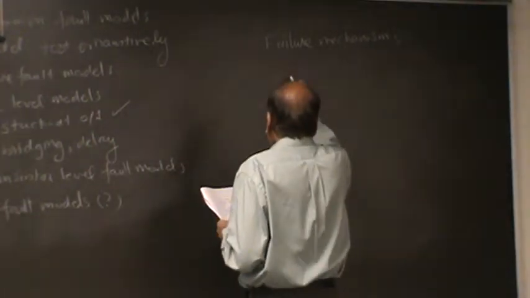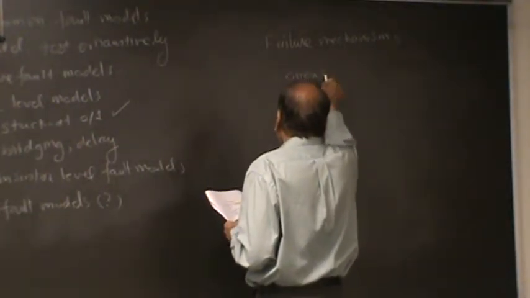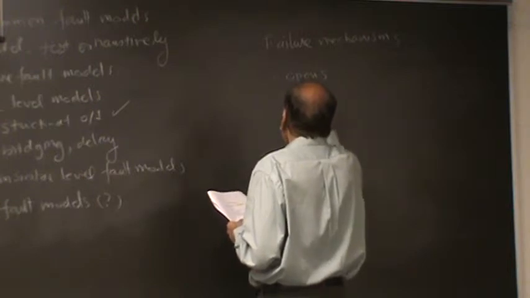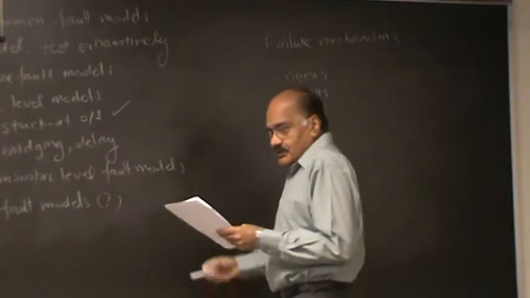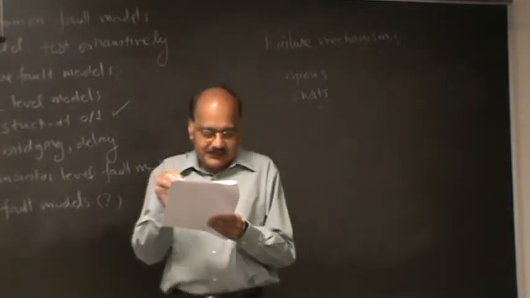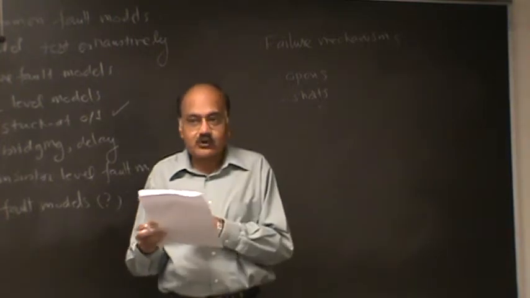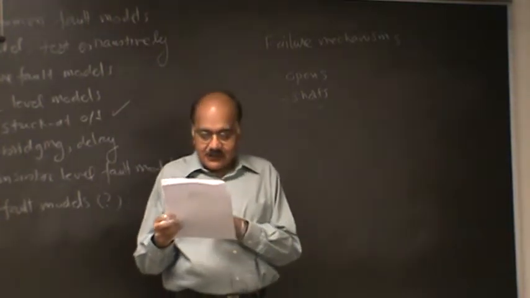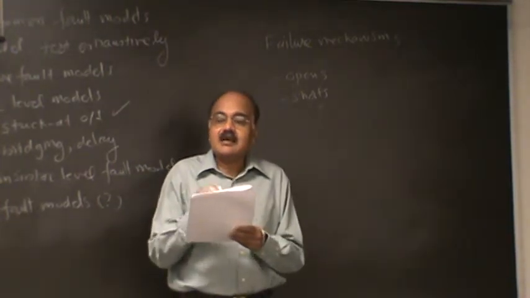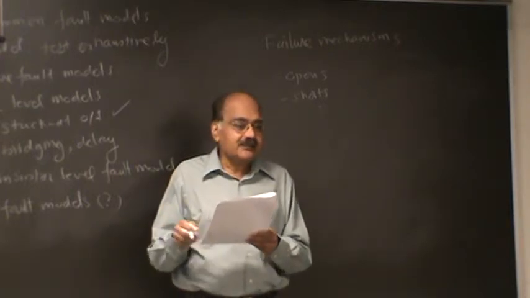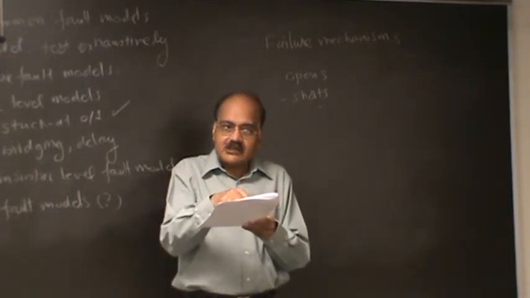So some of the common things are opens and shorts in circuits. So basically things that are supposed to be connected are not connected, so the line is broken. Very common thing. And sometimes things that are not supposed to be connected get connected because some metal moves around.